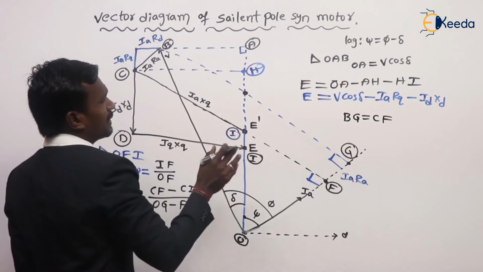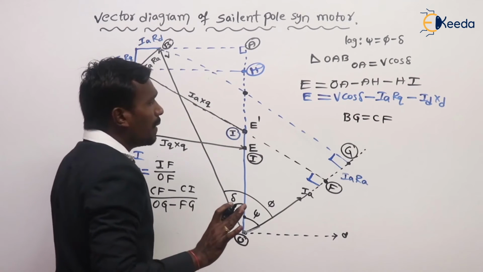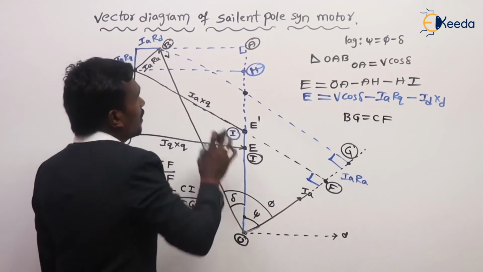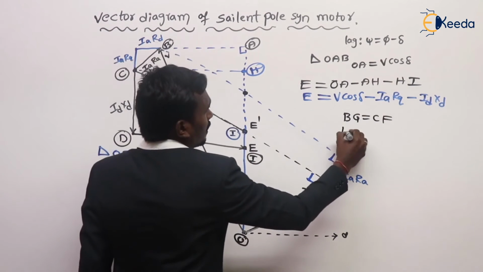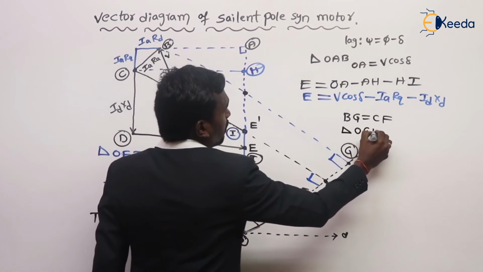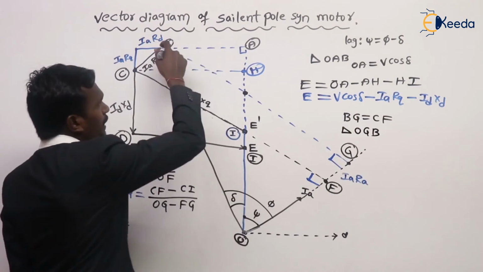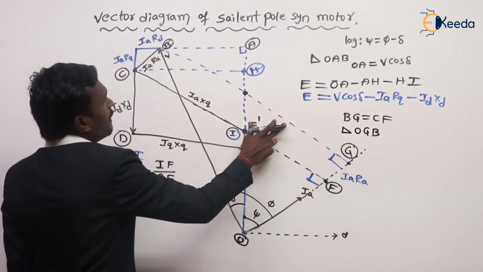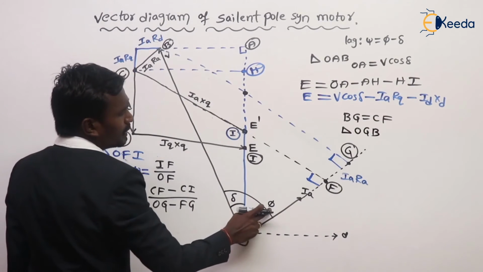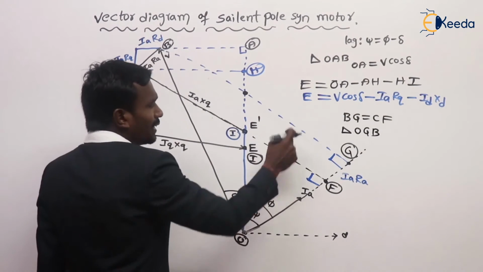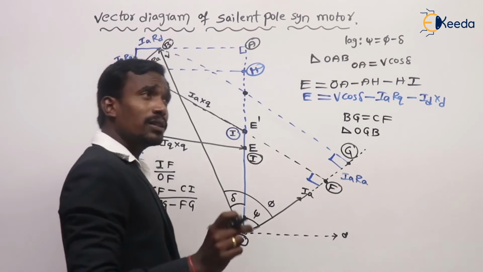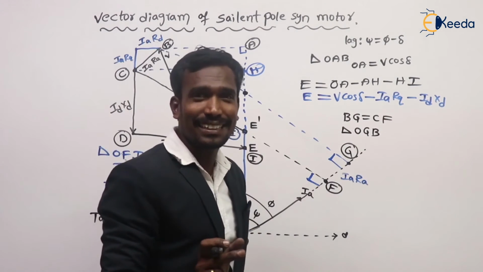Right? Exactly equal. But remember here, from the triangle OGB, this BG is the opposite value for phi. What is the opposite side? Opposite side is nothing but sine, right?